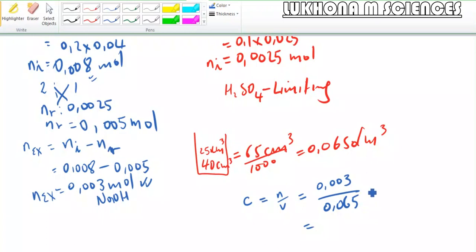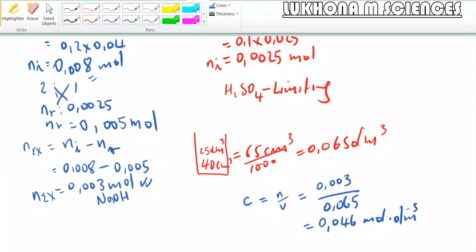Then we get the concentration as 0,046 mole per dm cube.